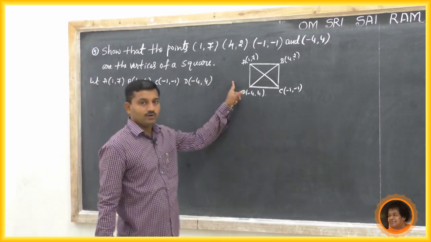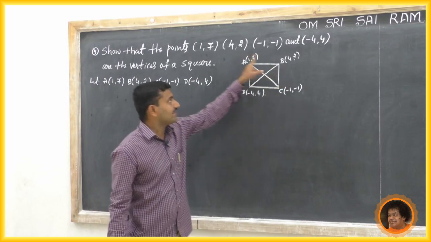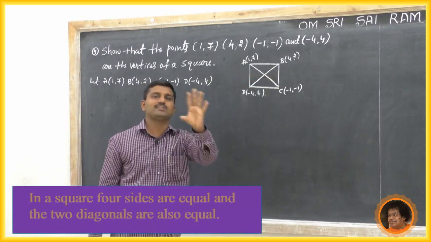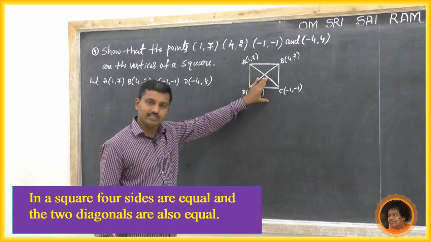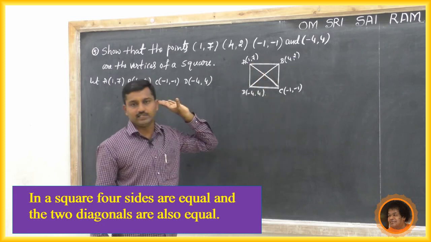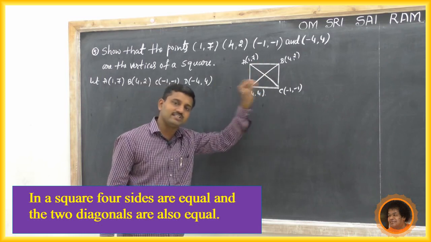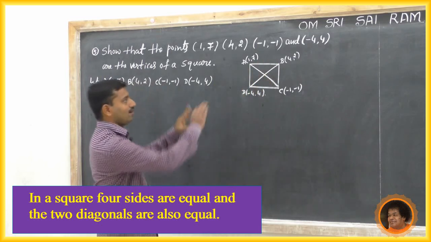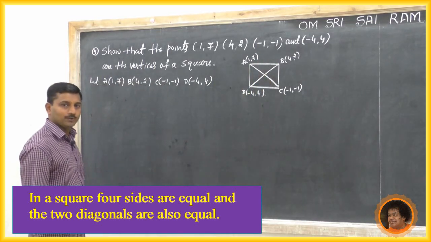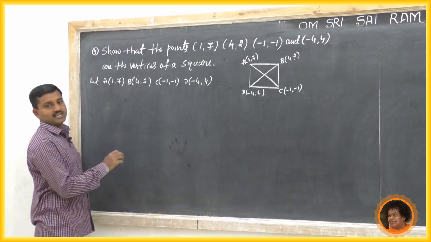We have to prove that all the sides are equal and the two diagonals are equal, the main properties of a square. So we have to prove all the sides are equal. So how to prove? By applying the distance formula.